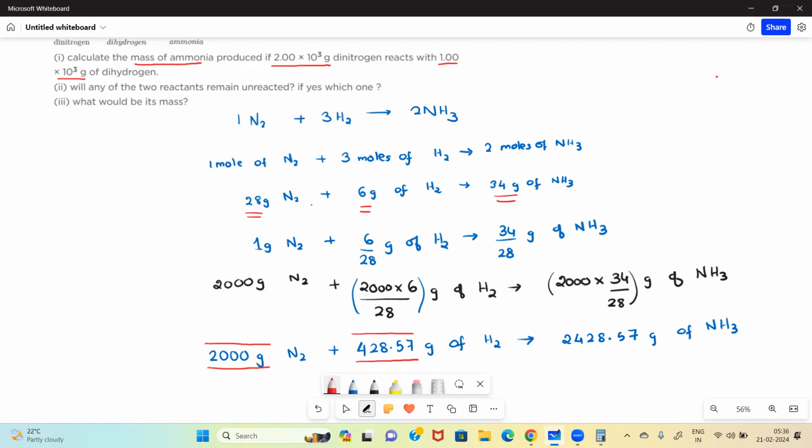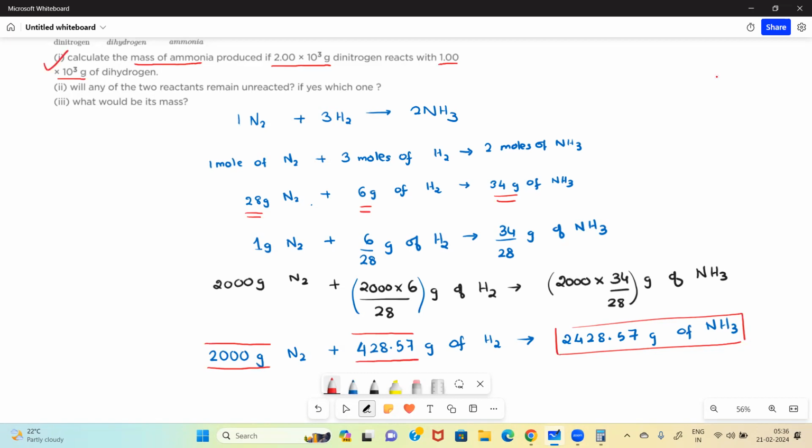Out of 1000 grams of dihydrogen, only 428.57 is utilized. The remaining 1000 minus 428.57 grams of hydrogen would remain unreacted. So answering the first question, how much ammonia is produced? That is going to be 2428.57 grams. Is that clear to you?